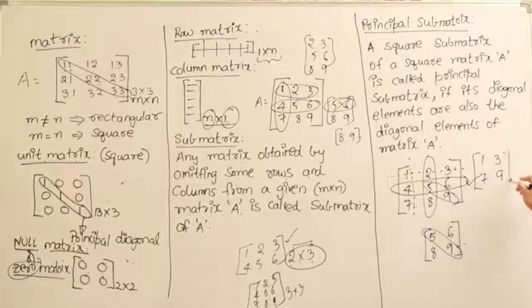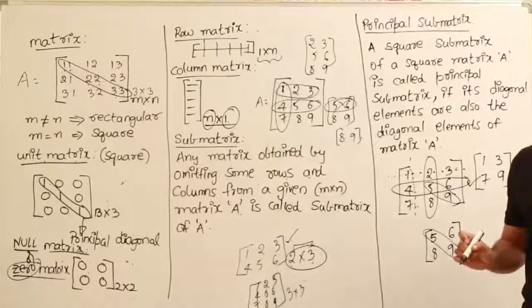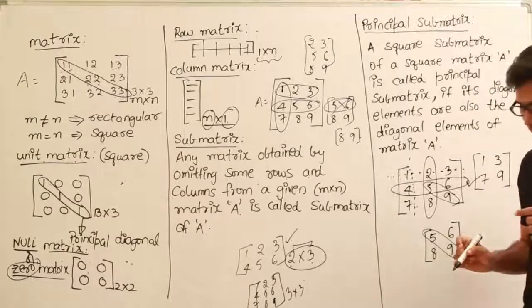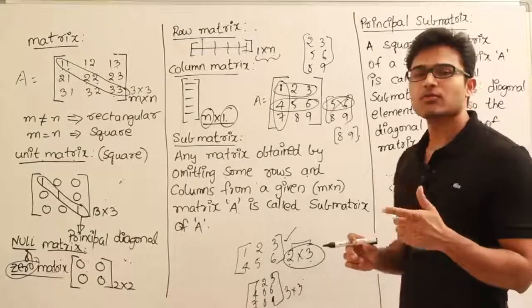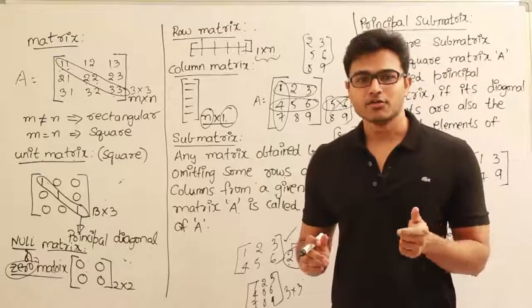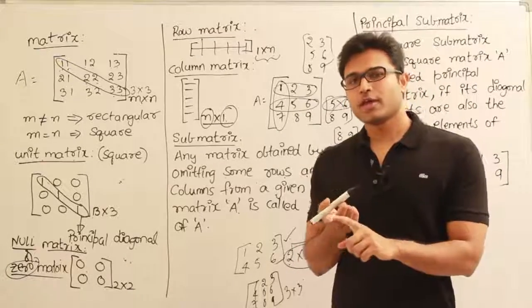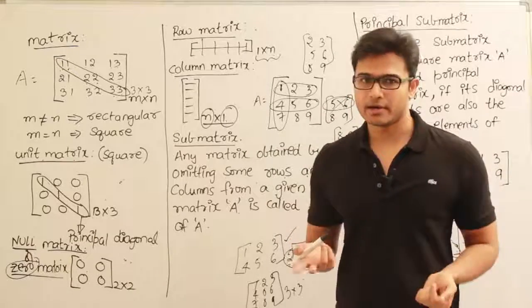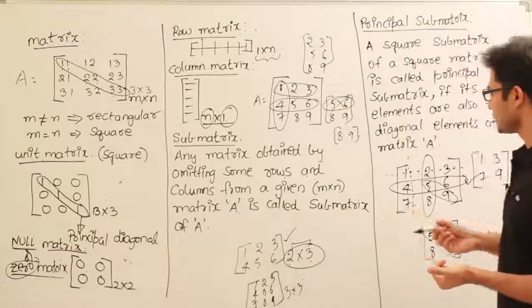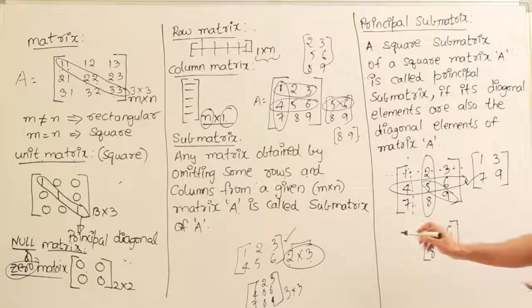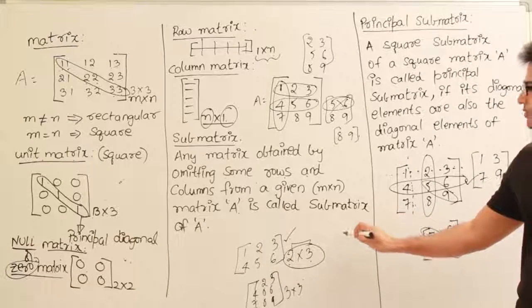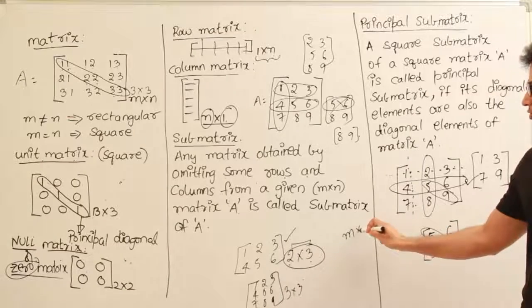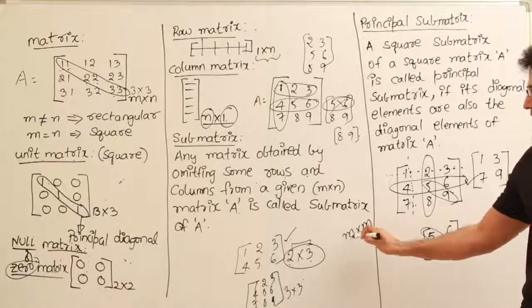Now this is a square submatrix. First of all, it has to be a square submatrix. And one more thing, from a square matrix, if you eliminate exactly one row and one column, the resulting submatrix is also going to be a square matrix. Why does it happen that way? From a square matrix, we know the number of rows and columns are both equal, m by m, right?